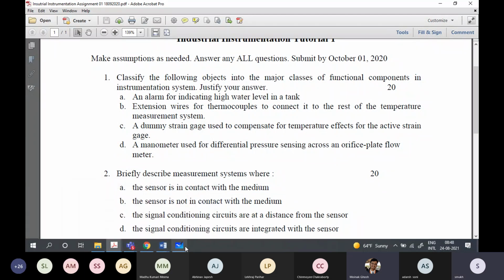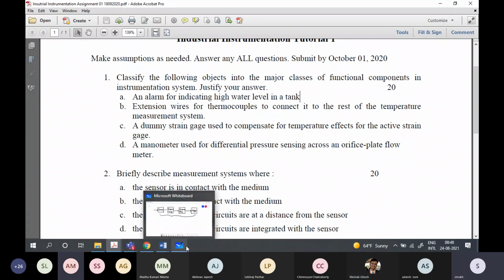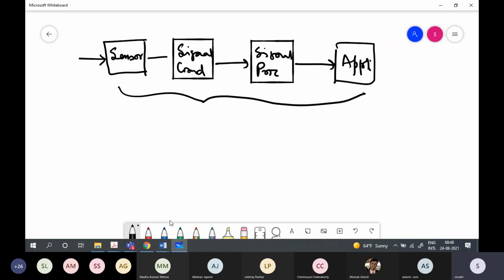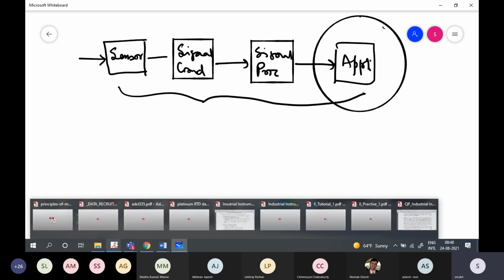No, alarm is independent. Okay, good point. He is saying that the alarm is not a part of any of these. That's nice. Suppose I say that the alarm is here. Yes, then it's fine. Good. So we have answered the first question. Thank you for saying that.